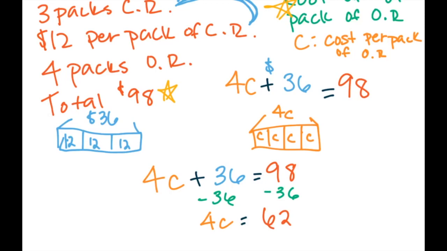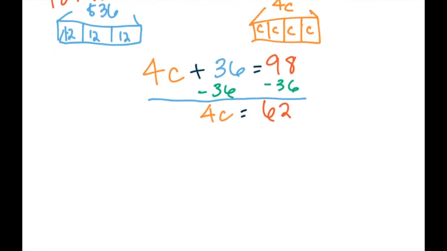All right. Now, I've got 4 times c is equal to 62. I'm going to go ahead and divide both sides by 4. And that'll leave me with c is equal to, and if you put this into a calculator, you get 15 5/10.